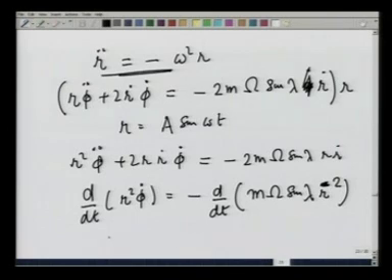A comparison gives me phi dot equals minus omega sine lambda.